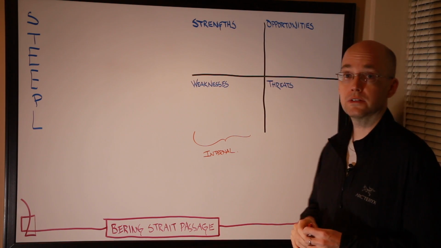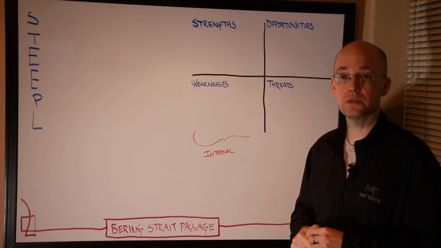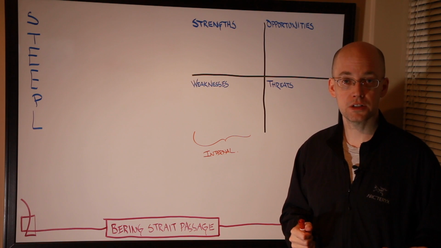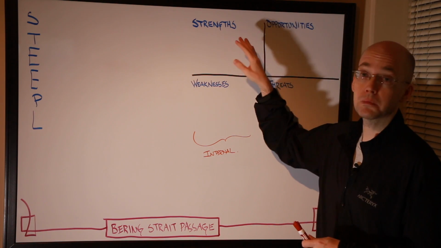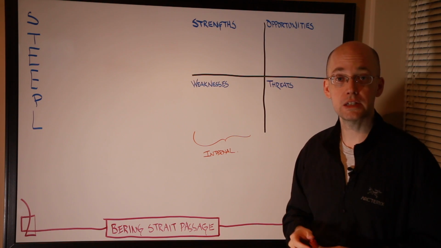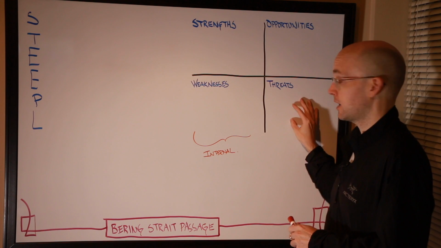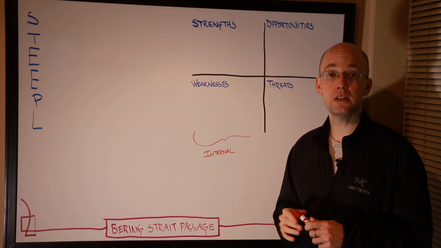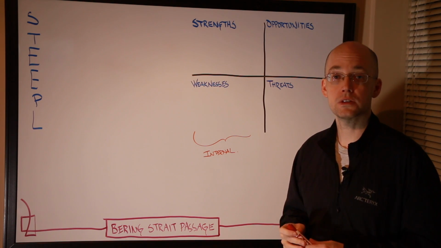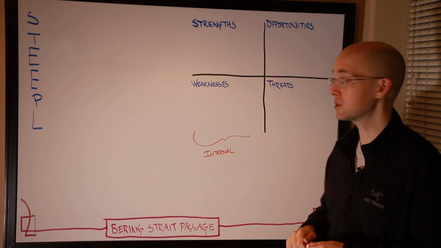Threats are those, just say a competitor as an example, that is moving into the market space where perhaps this company had a monopoly on the value that they were bringing to the market for that particular service or product. Now there's another group that's coming in and making inroads on the market, and this is looking like a threat to the organization.